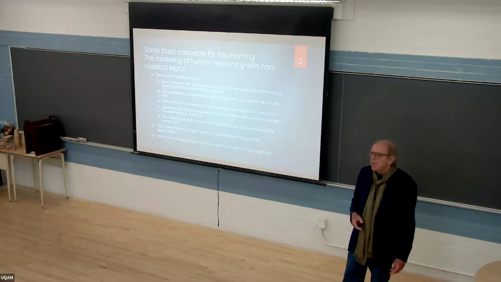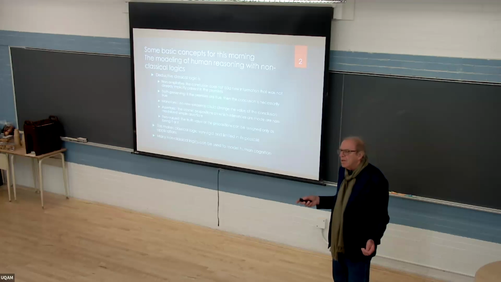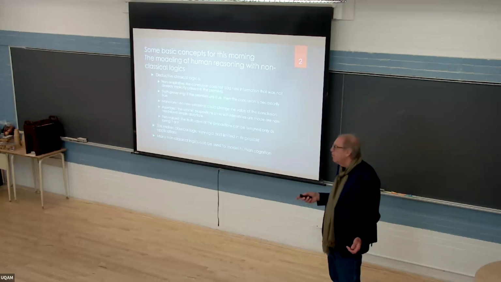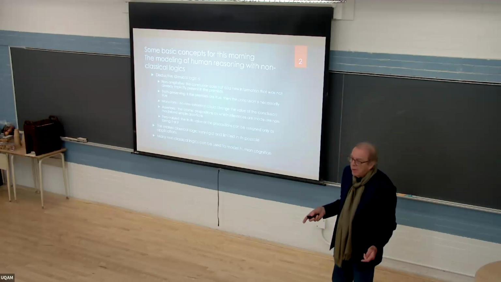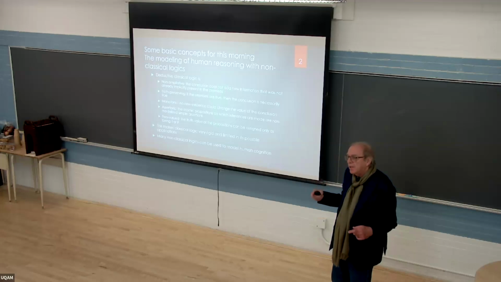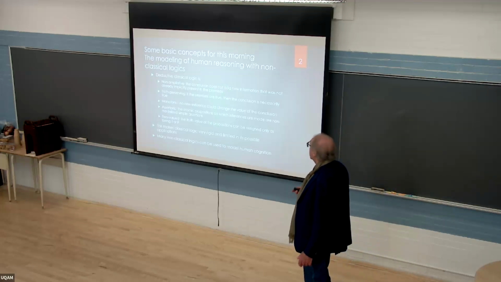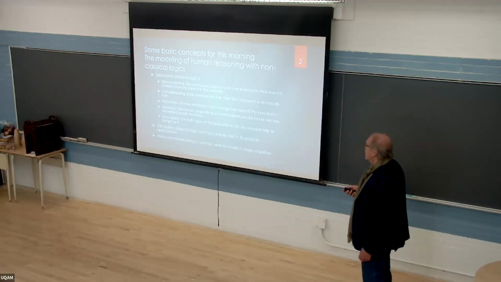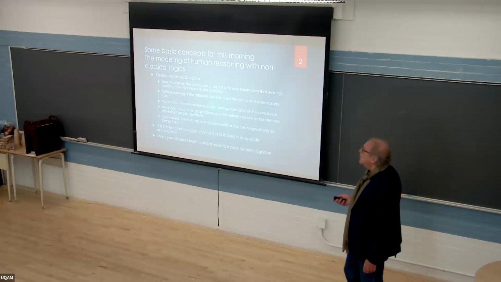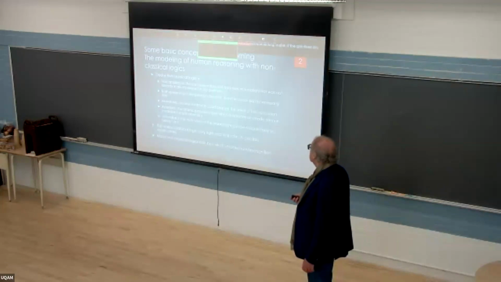For example, a simple syllogism like if all A's are B's and all B's are C's, then in the conclusion we can say by transitivity that all A's are C's. And all A's are C's is simply making explicit what is implicitly present as information in the premises. This is one of the characteristics of deductive classical logic. It's non-ampliative. It's truth-preserving. That is, if the premises are true, then the conclusion is necessarily true.